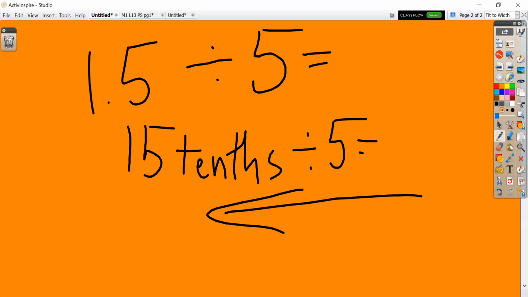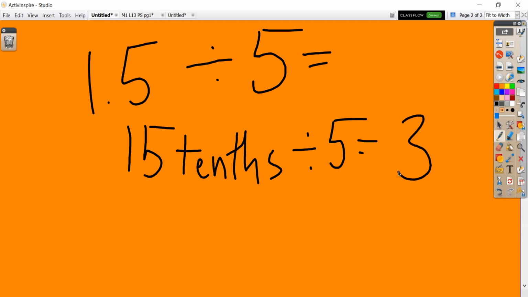Think of it backwards, because division is just the opposite of multiplication. If we count by 5s, 5, 10, 15, we know there are 3 groups of 5 inside of 15. The unit has to come with us because nothing changed to the unit. So 15/10 divided by 5, or 15/10 put into 5 equal groups, is 3/10. Converted back to standard form, 3/10 looks like 0.3.